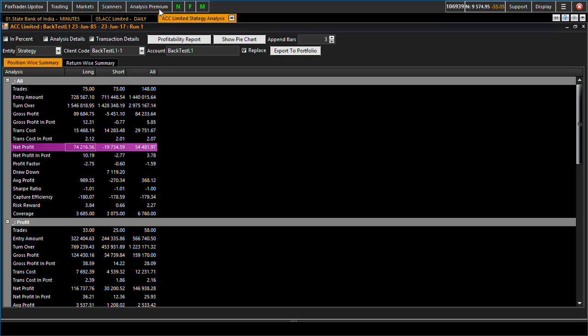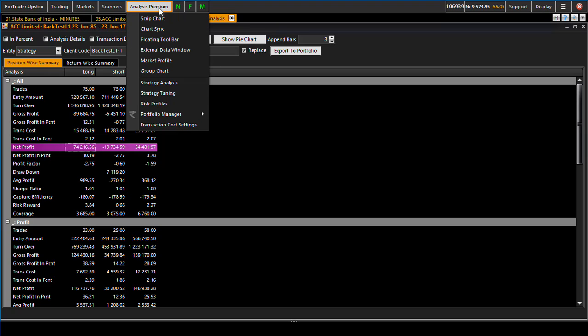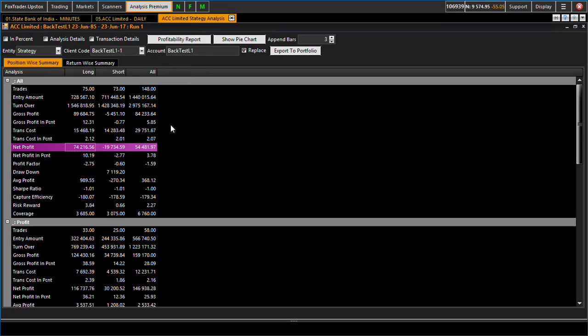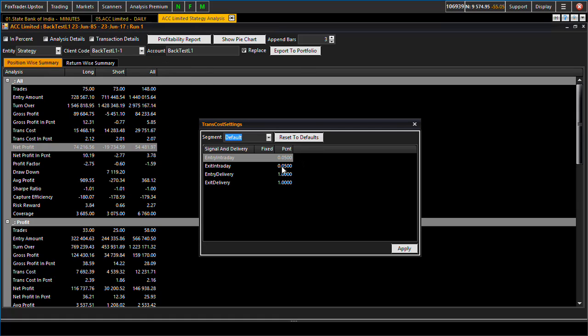Let me see what is the transaction cost I included into my strategy. For that, I can go to analysis premium here and go to transaction cost settings. For entry delivery and for exit delivery, this is actually a delivery based trending system. So for entry, I am deducting 1% flat cost, and while exiting my trade, I am deducting 1% flat cost.